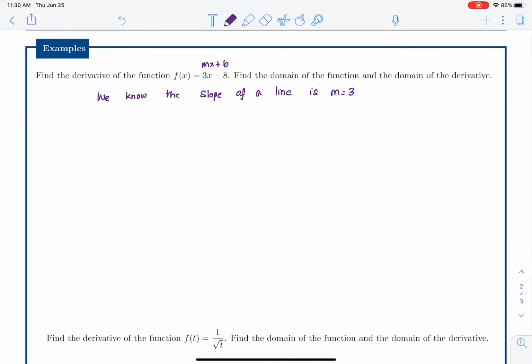So if we have a line, the y-intercept here is negative 8, we'll arbitrarily say that that is y equals 3x minus 8. No matter what point I pick on this line, the slope will be the same. So if I drew a tangent line here, no matter what point I pick, the slope is going to be the same. So the slope of the tangent line would simply be 3.